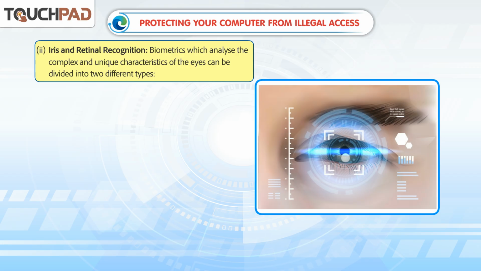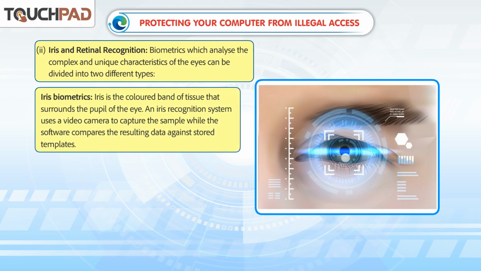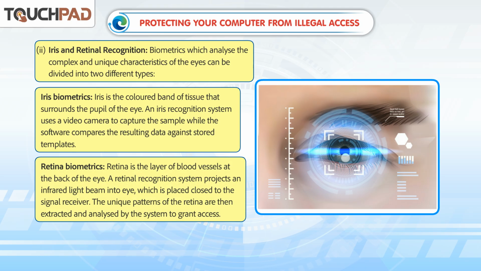2. Iris and retinal recognition. Biometrics which analyze the complex and unique characteristics of the eyes can be divided into two different types. Iris biometrics: the iris is the colored band of tissue that surrounds the pupil of the eye. An iris recognition system uses a video camera to capture the sample while the software compares the resulting data against stored templates.